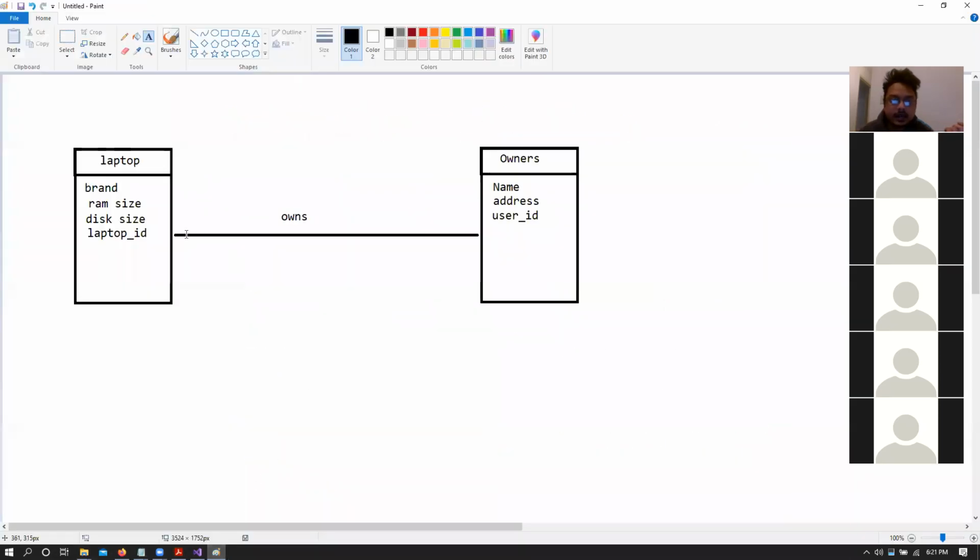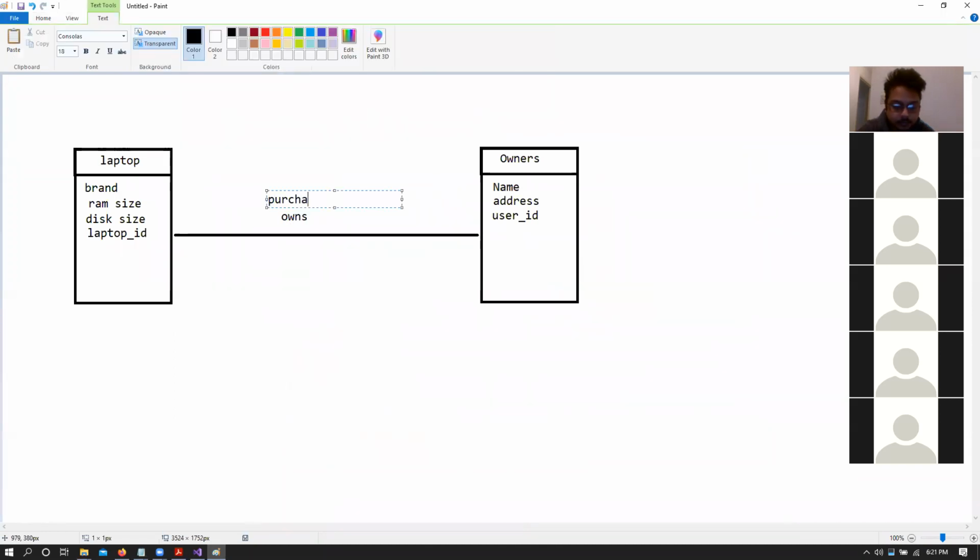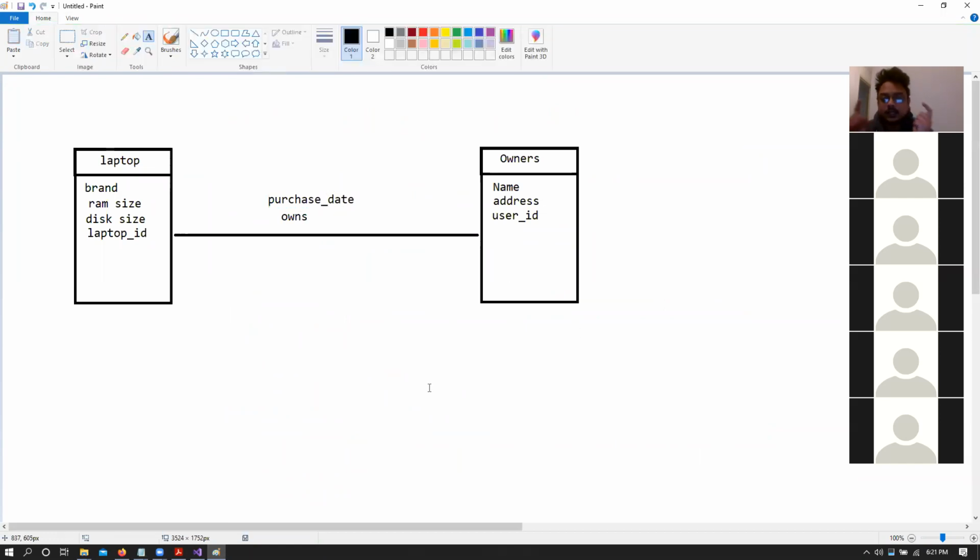So you can imagine that I own this laptop or you own that laptop is the relation, but we can also have an attribute as, for example, let's say purchase date of that laptop, right? So every relationship instance between two entities, user A, laptop A, user B, laptop B, is related using this owns relation.